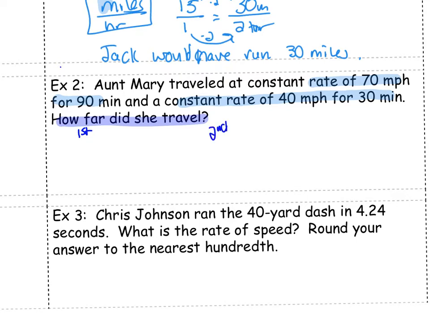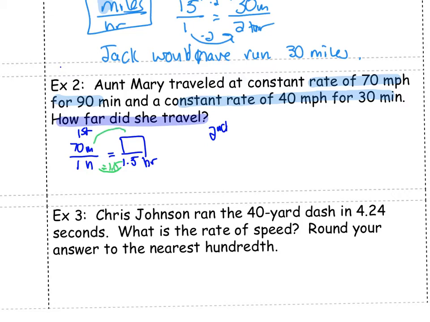So for the first part she traveled 70 miles per 1 hour for 90 minutes. Well, 60 minutes is 1 hour, so this would actually be 1.5 hours. And we're looking for this. I can do this a couple different ways. I can use a calculator, and I know that 1 hour times 1.5 is 1.5.